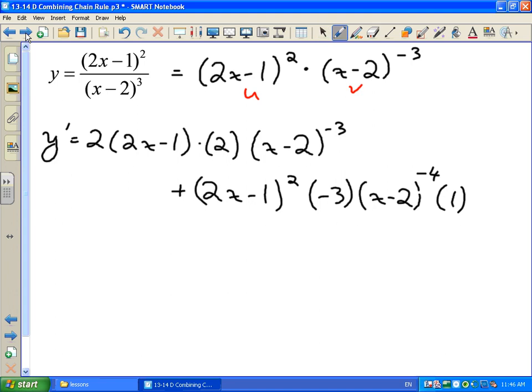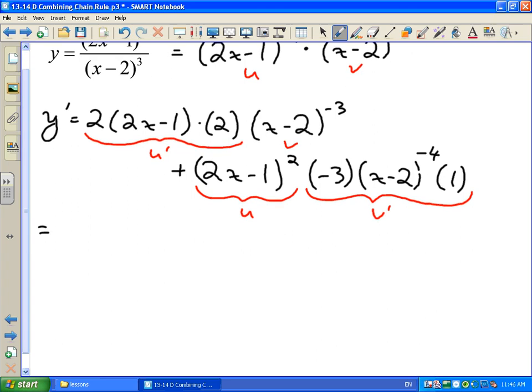So we've got, let's see, u prime v, u, v prime. What do I want to do from here? Well, we've got to look. For this one, I think we can sort of start simplifying here.